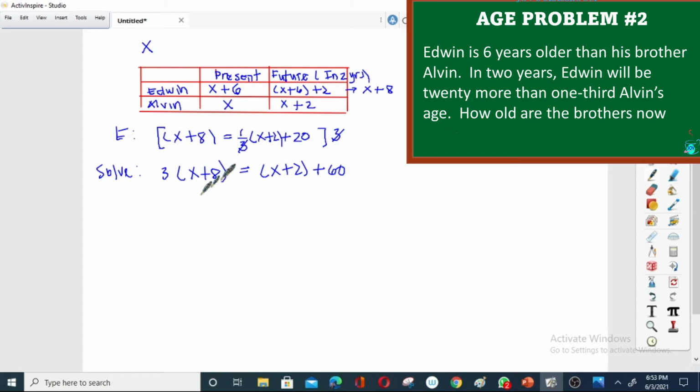Then let us simplify. Distribute 3x plus 8 times 3 is 24 is equal to x plus 60 plus 2 is 62.